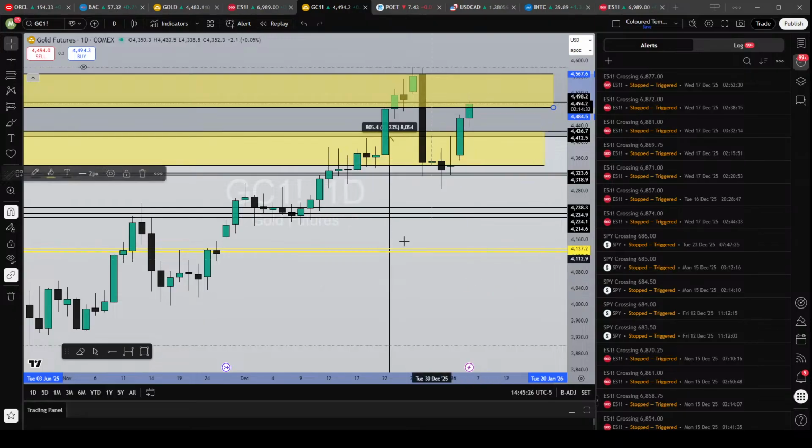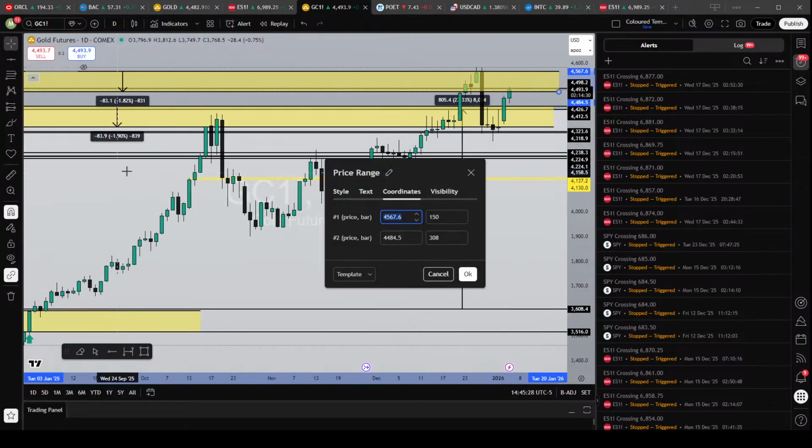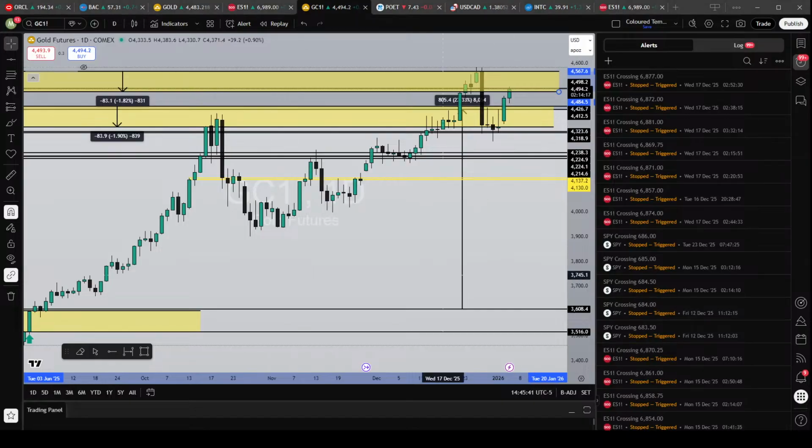Then mark this level too. These are going to be the spots that this is going to have to open above and close above in order for gold to clear.